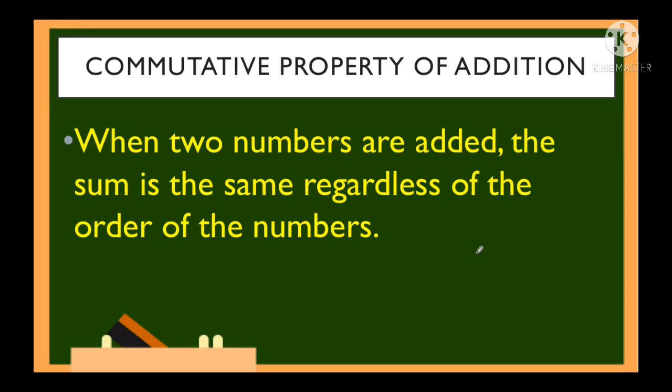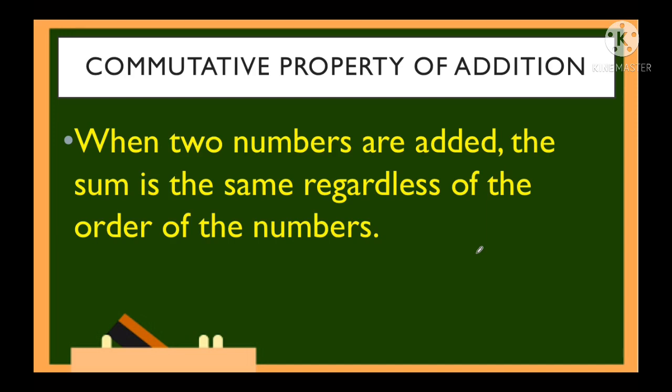Again, when 2 numbers are added, the sum is the same regardless of the order of the numbers. Okay, so this one is called the commutative property of addition.